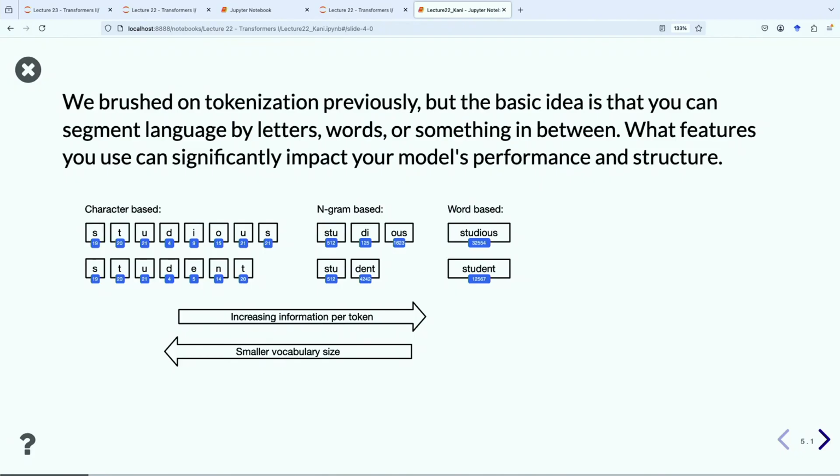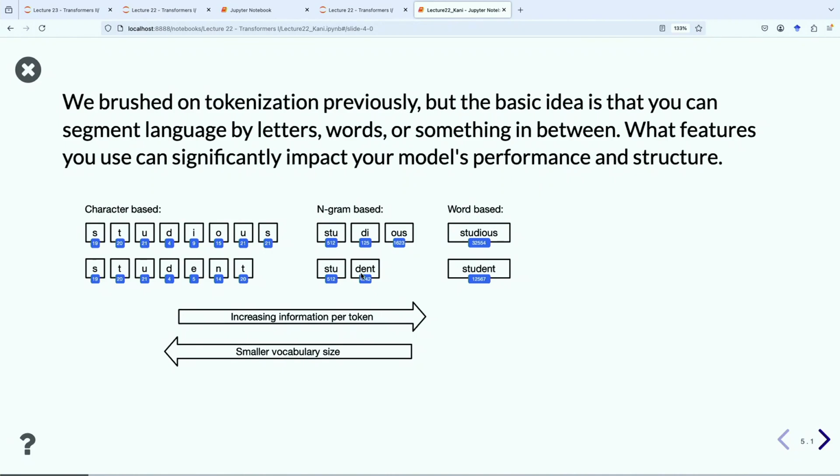But then the issue becomes, what about things that aren't standard English? What about our names? Those don't necessarily exist in the English language, but we still need to represent them. Now, we could do a combination of this: have words, and have characters for all the words that don't exist in the word list. That's good.